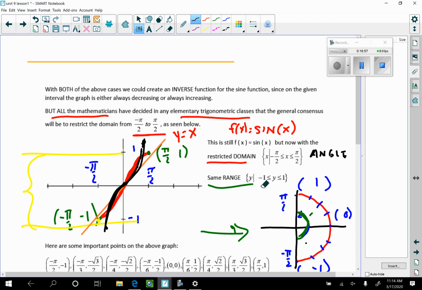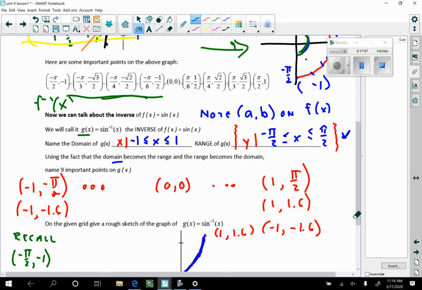And the outputs are real numbers. So the domain are angle measures. If that's the case, then the range of the inverse is angle measures as well. And you're going to need to know that on the IXL.